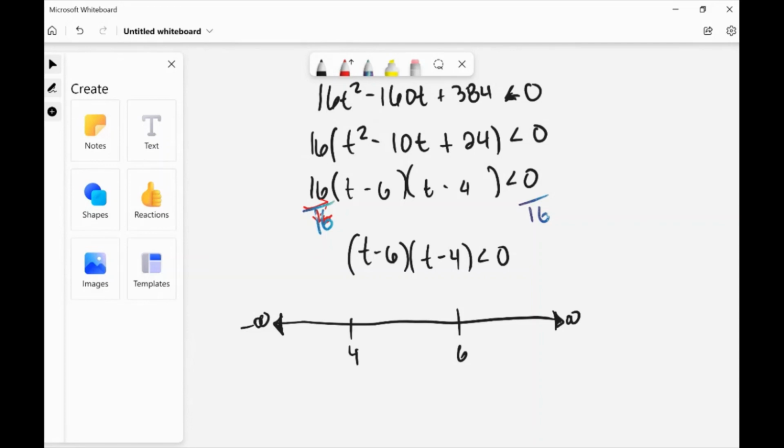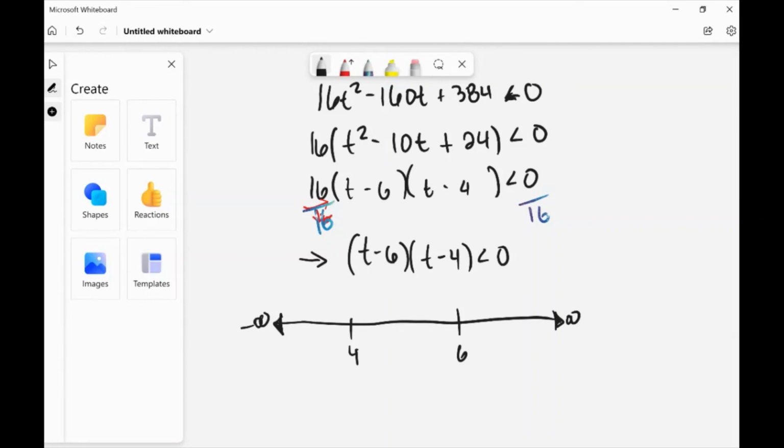You sure? What are y'all plugging in? What number are you plugging in at the t minus 6 and the t minus 4? 5.